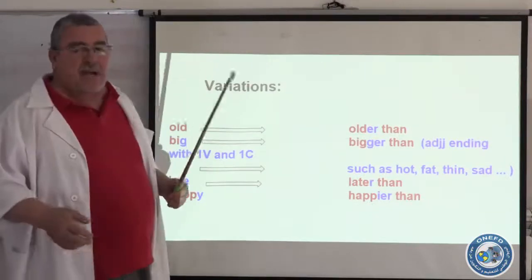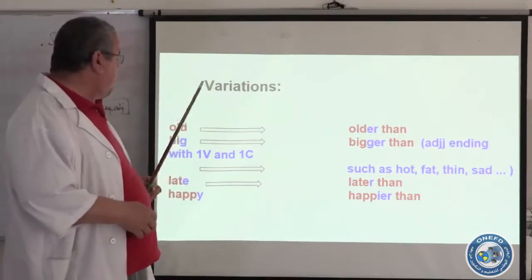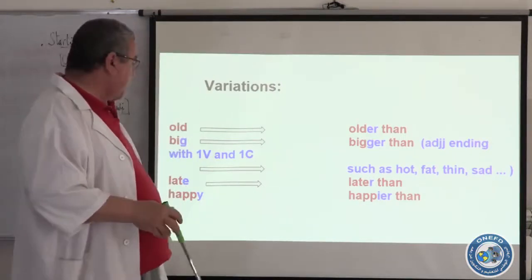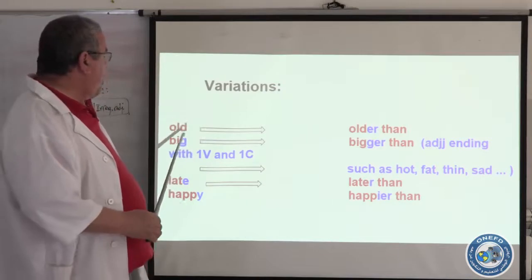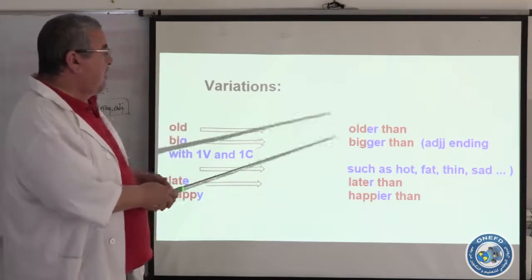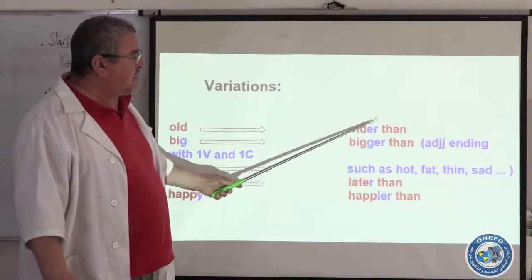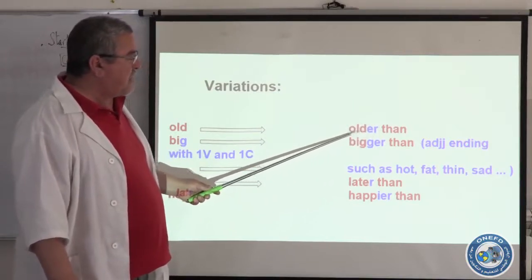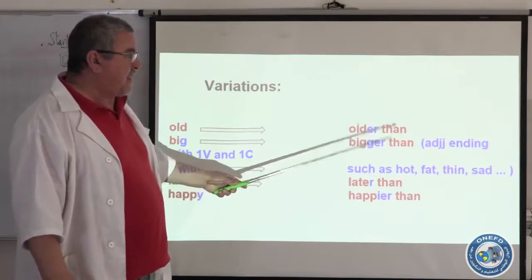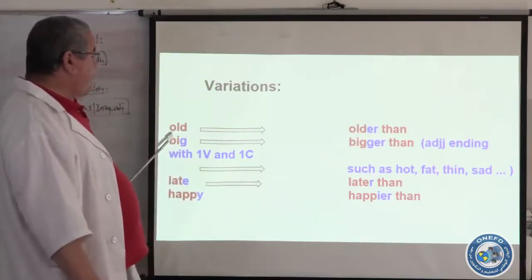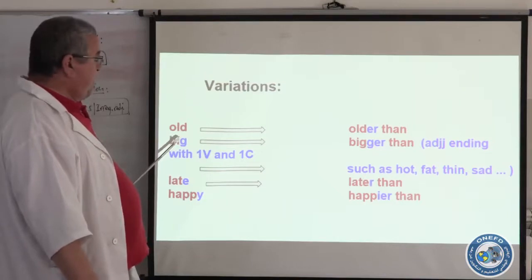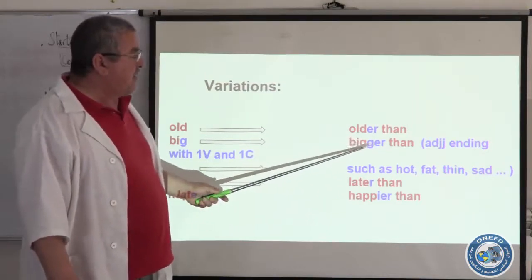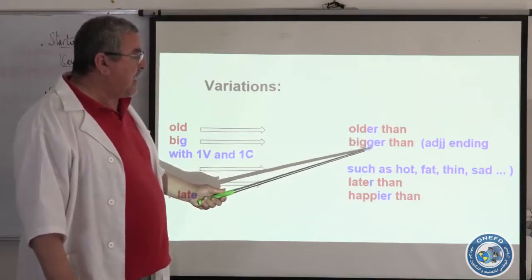Now there are some variations concerning spelling especially. So old, older than. So you see, we add er here. One syllable adjective plus er than. As for big, we must somehow transform the word by adding a G here.